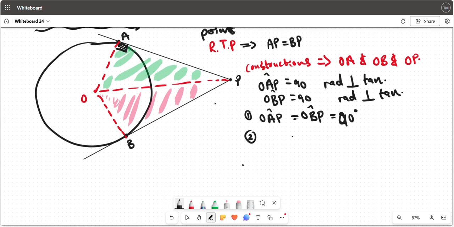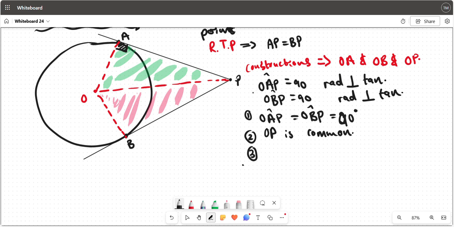Now I need another statement, something else that is the same. So I notice that this line here, OP, is common. So OP is common, or common length, or common line, so I'm just gonna write it's common. Now we just need one last thing that is the same between these two triangles. Anything?